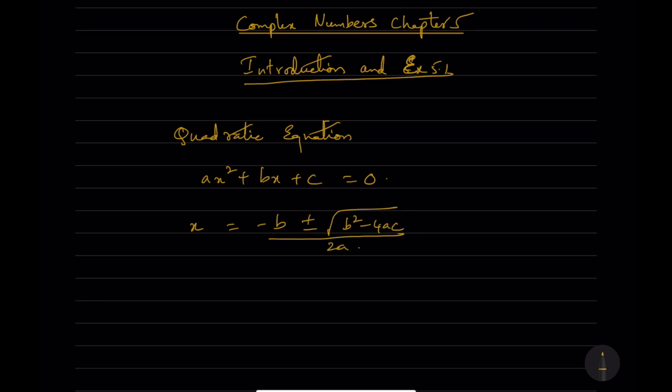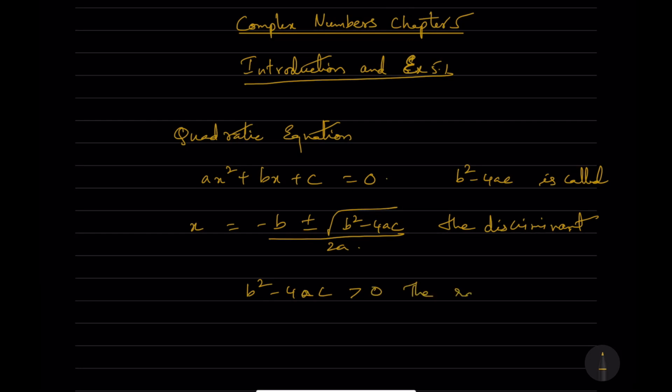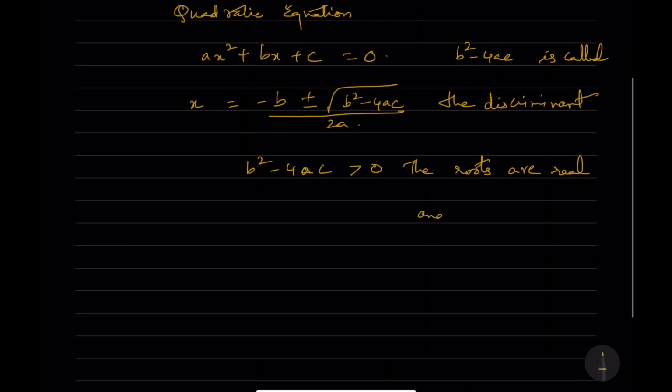Now root b square minus 4ac is called the discriminant. We have seen that here b square minus 4ac is greater than 0 means the roots are real and distinct.